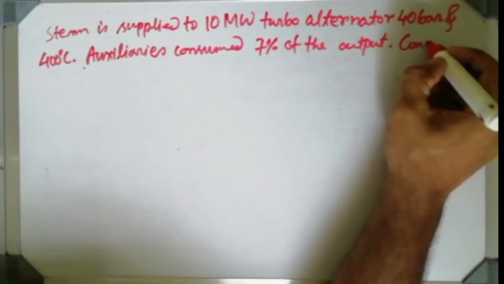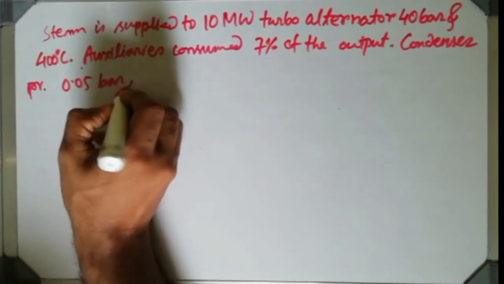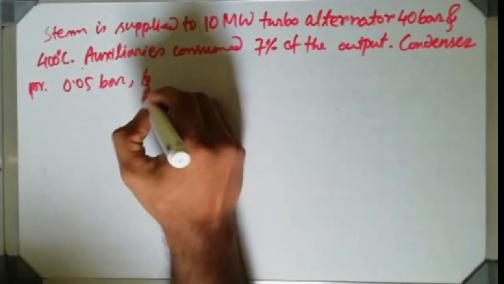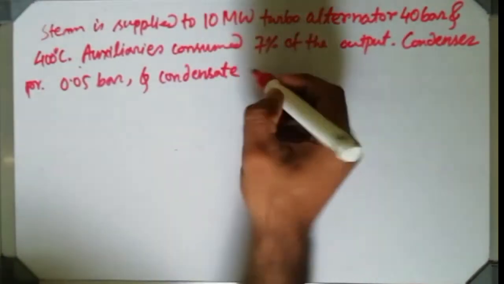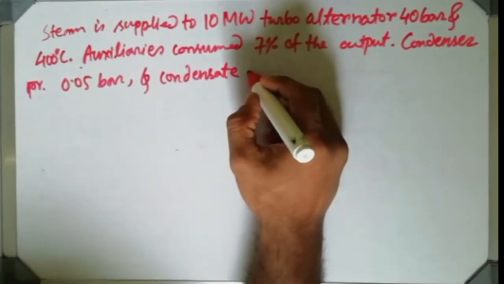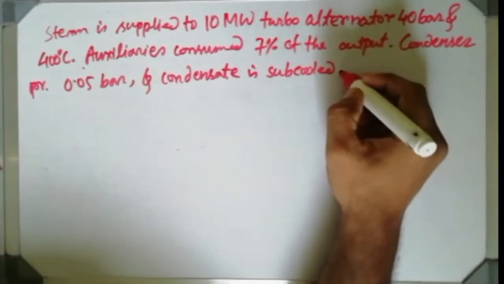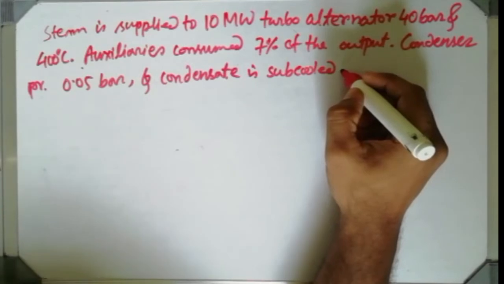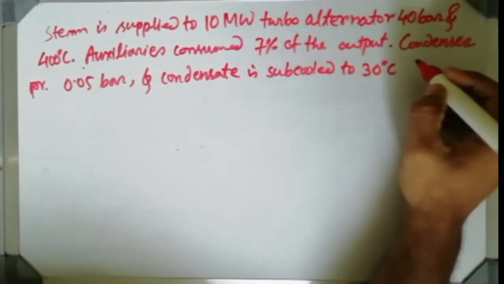Condenser pressure is 0.05 bar, and the condensate, meaning condensed water, is subcooled to 30 degrees centigrade. Subcooled means the liquid zone.